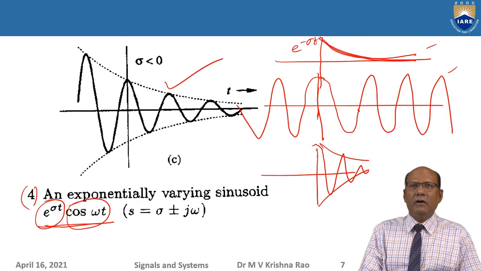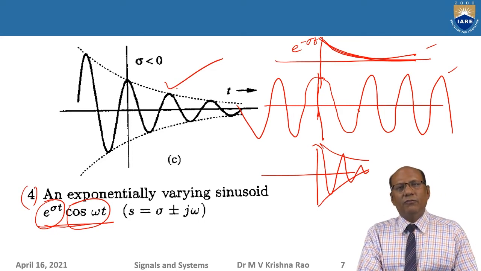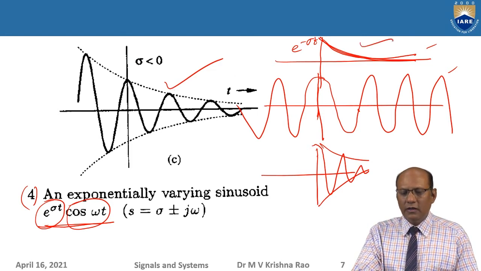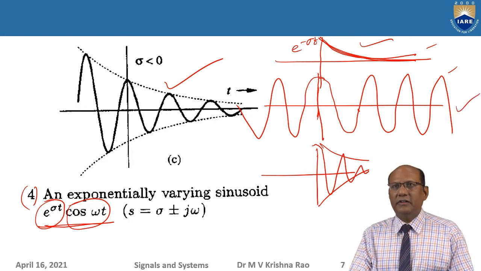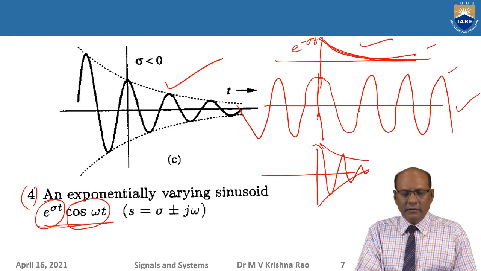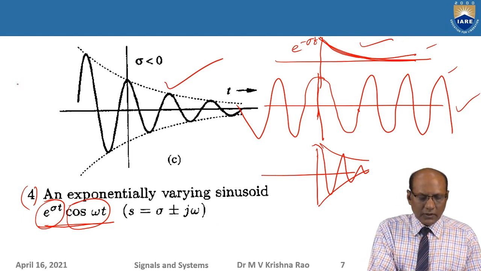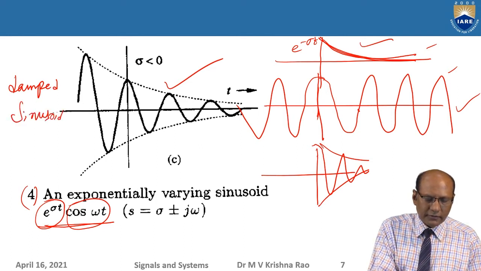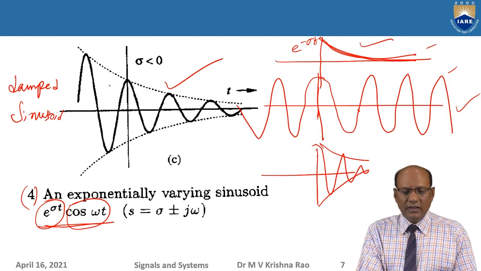It is a multiplication of a monotonic exponential with a cosine, or in this case a cosine wave. So when you multiply, you will get this kind of shape. This can be called a damped sinusoid, because the amplitude of the sine wave or cos wave is not constant.